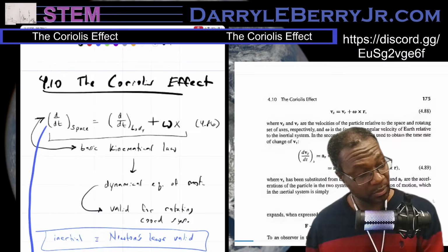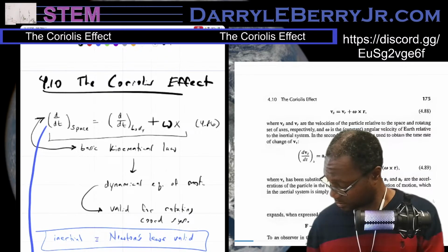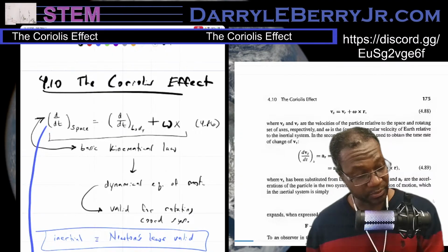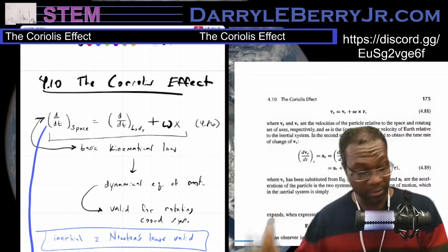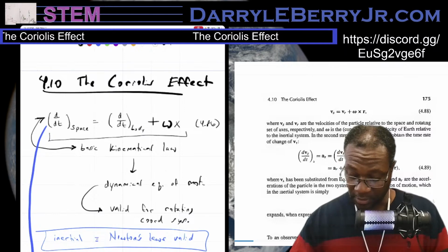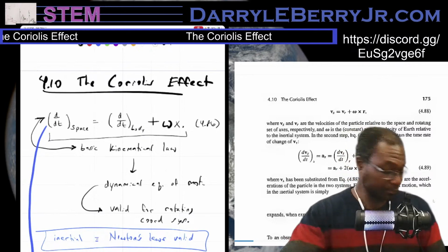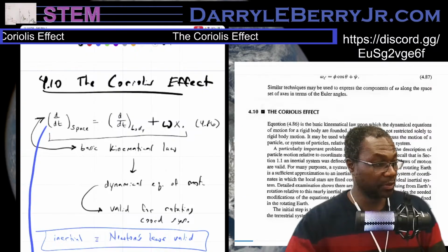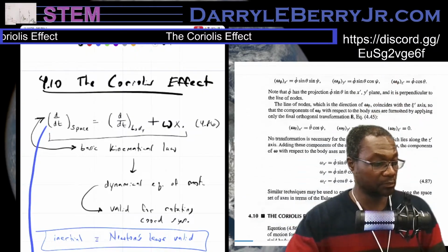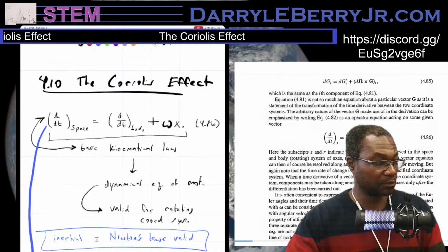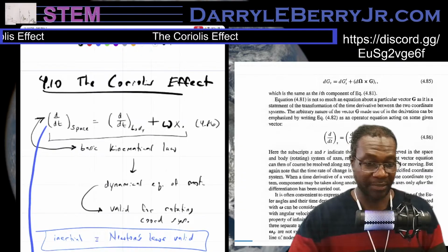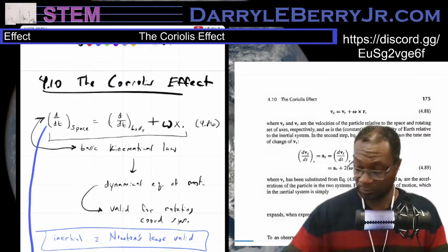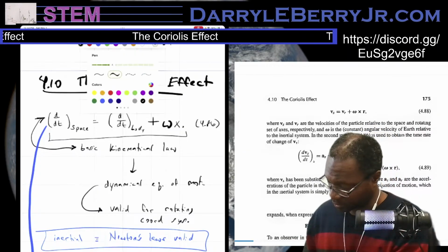Notice there's an omega cross x, but there's nothing after the x in equation 4.86. Oh, that's a typo. This book does have several typos. Maybe they meant to put a vector after that.